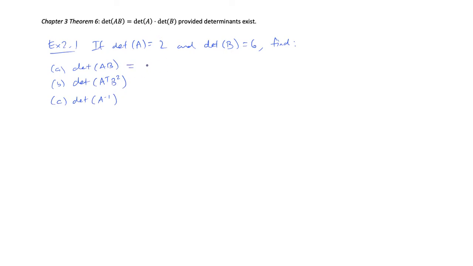Okay, so using this theorem, the determinant of AB is the determinant of A times the determinant of B, which is 2 times 6, which is 12. This one we have to do a little more factoring, so we're going to do the determinant of A transpose times the determinant of B squared, and then we're going to break that apart.